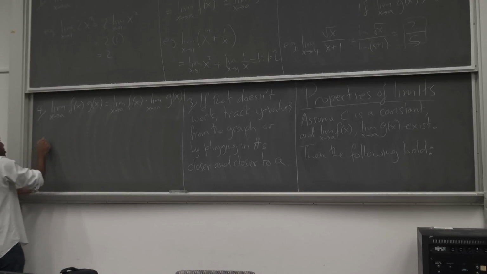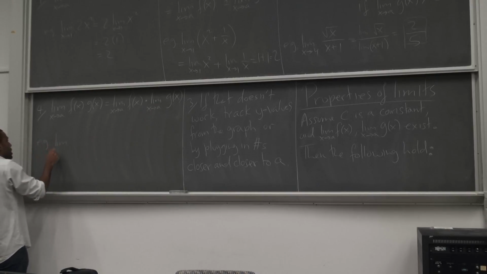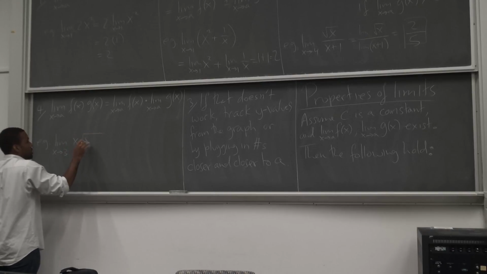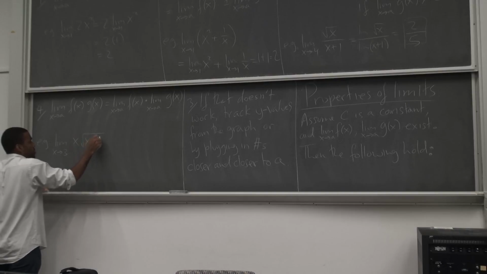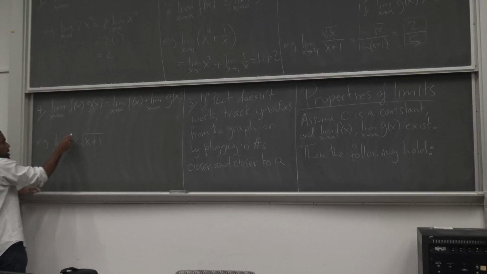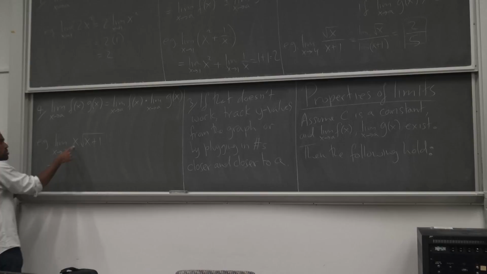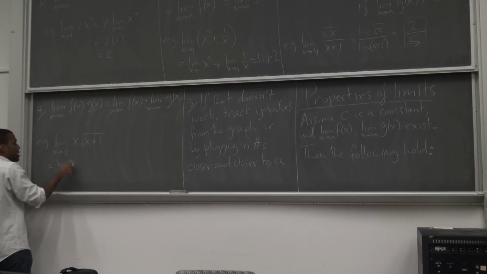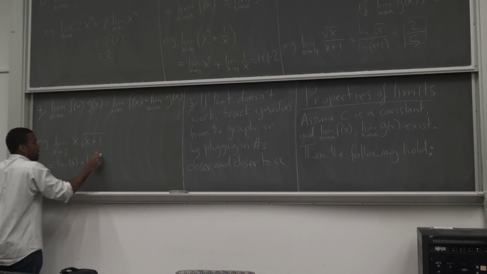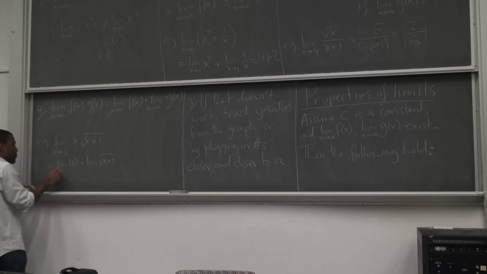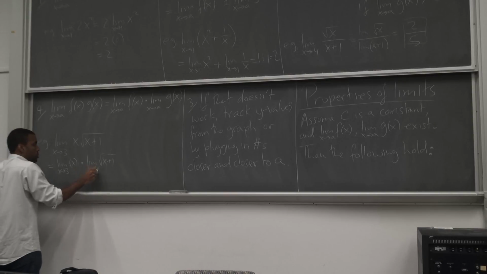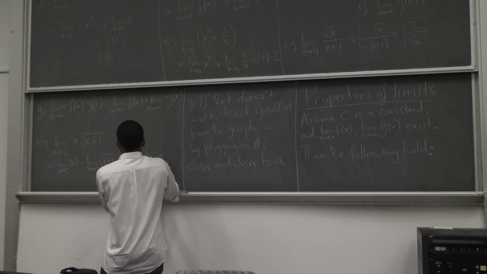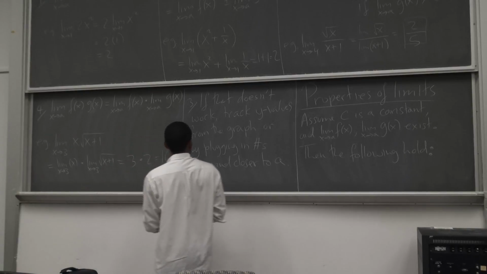So, for example, what is the limit as x approaches 3 of x times the radical of x plus 1? Here I can think of this as two functions multiplying each other, the function x and the function radical x plus 1. So that's just equal to the limit of x times the limit of the radical x plus 1. So that's going to be 3 times 2, so it will be 6.